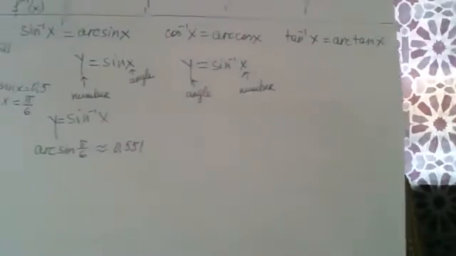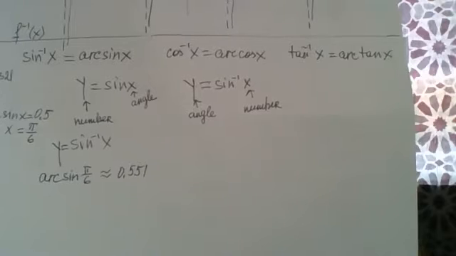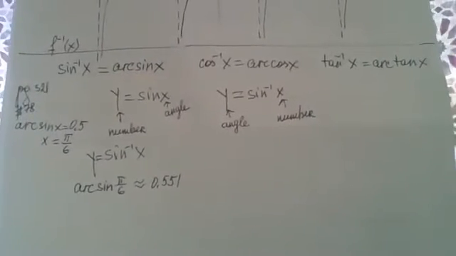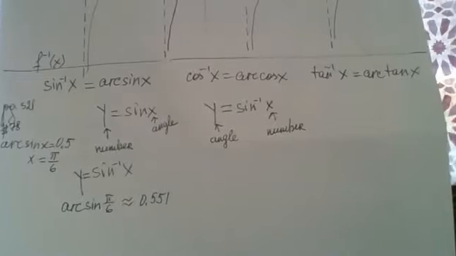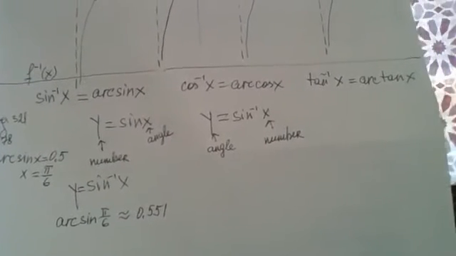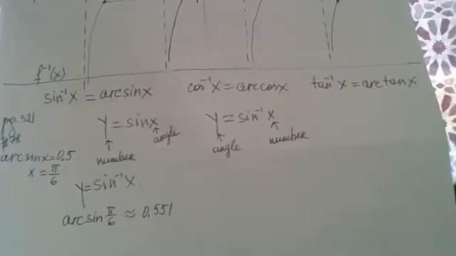And it is not equal to 0.5. So the statement in the textbook in problem number 78, that if arc sine of x equals 0.5, then x equals pi over 6, is incorrect. This is a false statement.